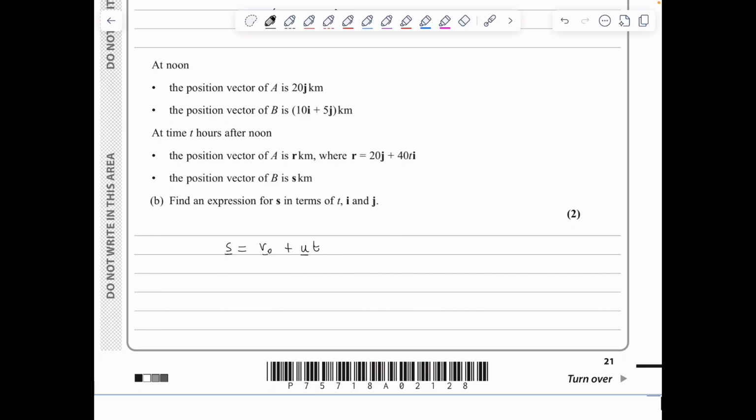Well, we are given the initial position vector is 10i plus 5j, so we're looking at 10i plus 5j plus the velocity we found in part A, which is 16i plus 12j, and that's multiplied by t. I will be grouping together the i's and then the j's, so we're looking at (10 plus 16t) i, and then we've got (5 plus 12t) j, and this is kilometers.